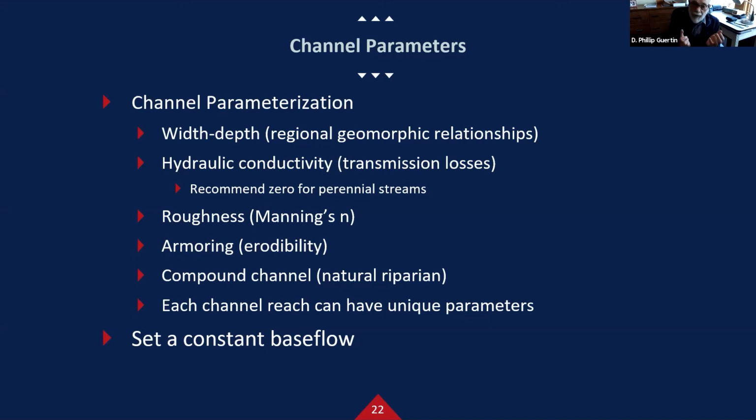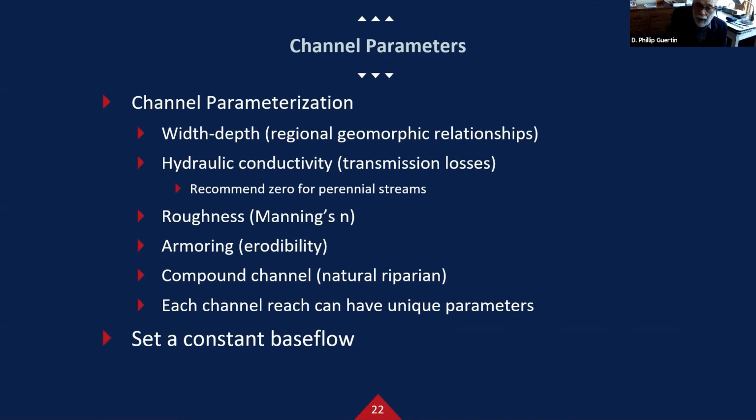We define the hydraulic conductivity of the channel. It can go from 0 to higher values if you're seeing transmission losses. If you do not expect to have transmission losses, if you have a perennial stream, you want to set this to 0. But here in the Southwest, when you're dealing with intermittent or ephemeral channels, we usually have to set this to a higher infiltration value, hydraulic conductivity, to address these transmission losses.